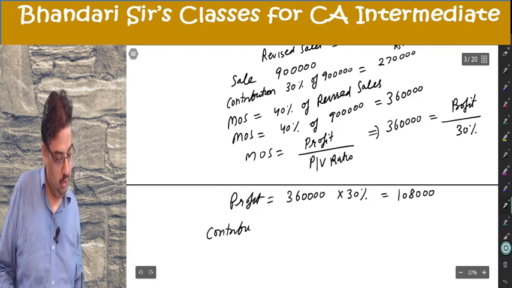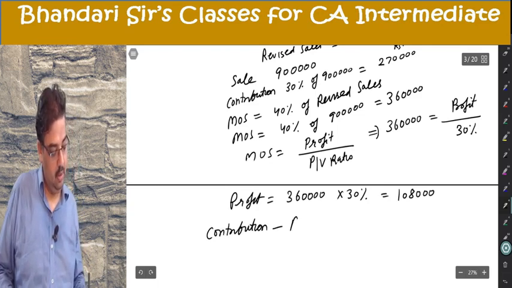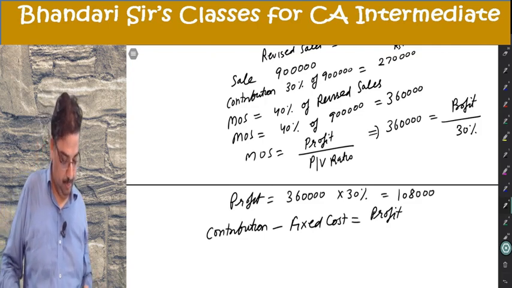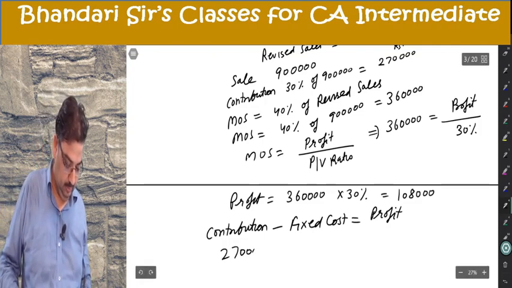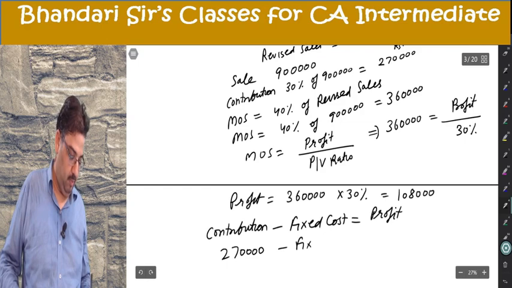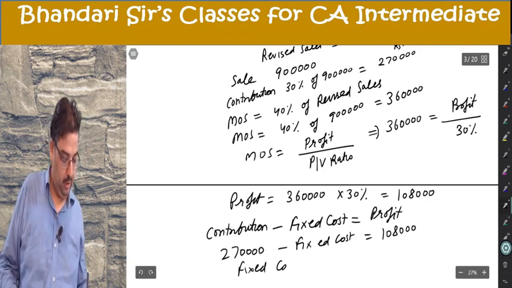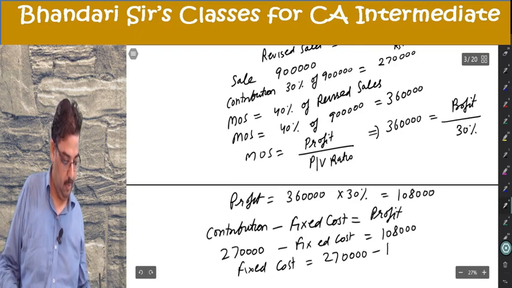Now contribution minus fixed cost is profit. So contribution I computed 2,70,000 minus fixed cost is equal to 1,08,000. So fixed cost becomes 2,70,000 minus 1,08,000.